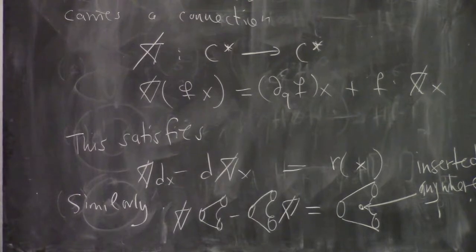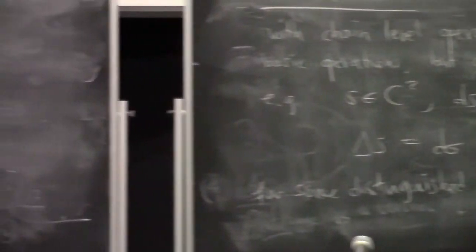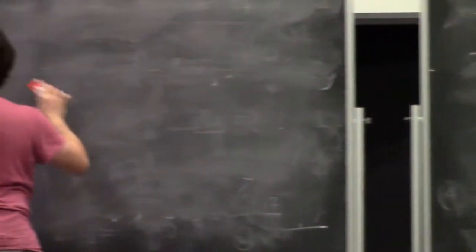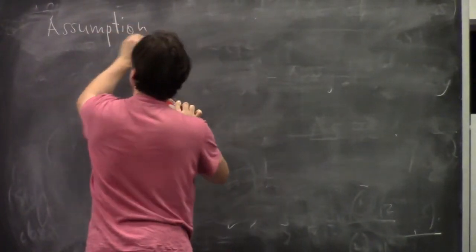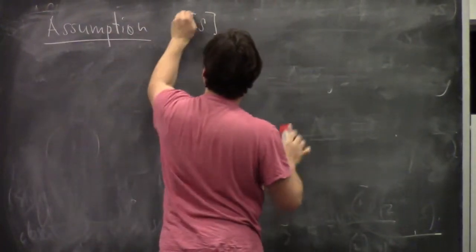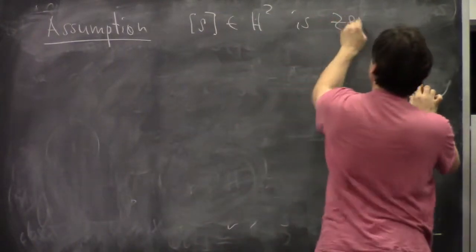Okay? So this is this framework here, and now I'm going to introduce an additional assumption, which is the following one. That this thing here is 0. Okay.